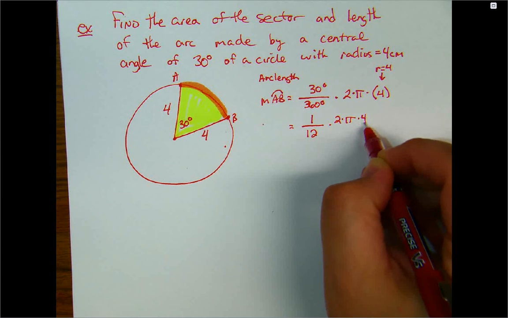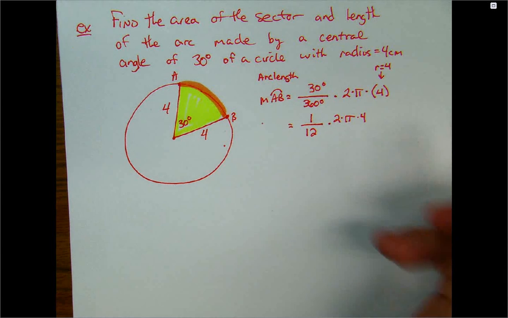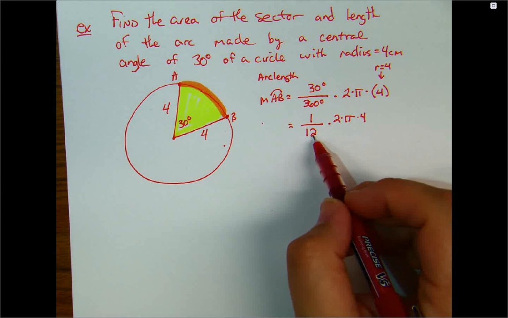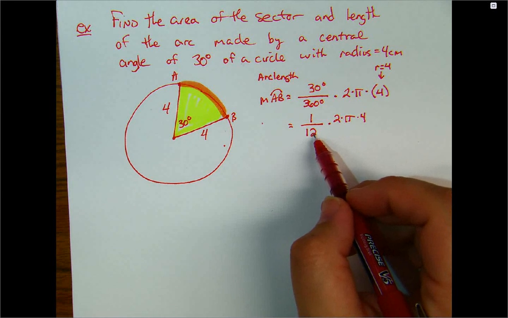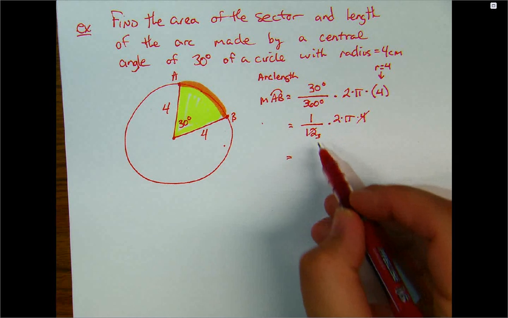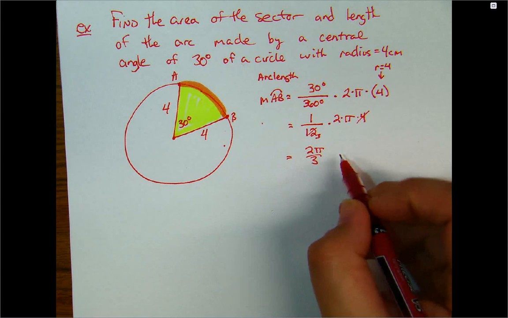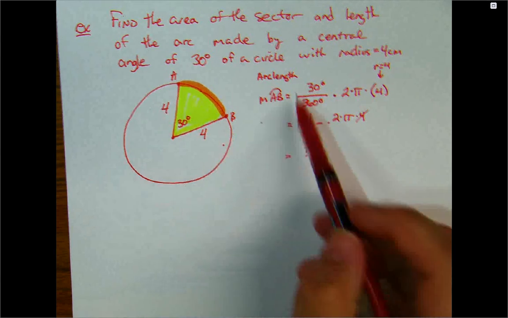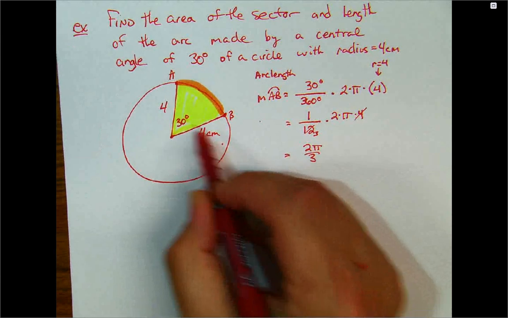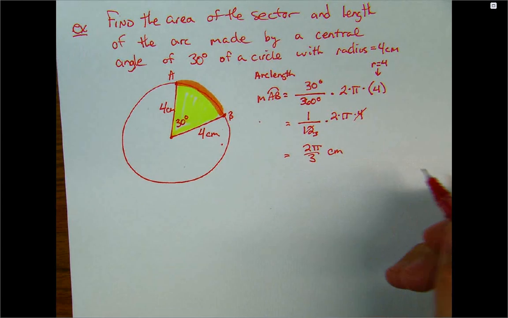Now, how many times does 4 go into 12? 3. So that 4 divides into 12 3 times. So this is going to end up 2 pi over 3. And since everything is in centimeters, this is going to be in centimeters. So the length of this is going to be 2 pi over 3 centimeters long.